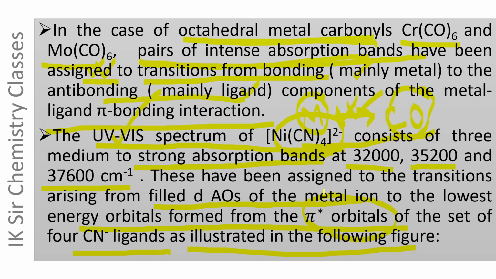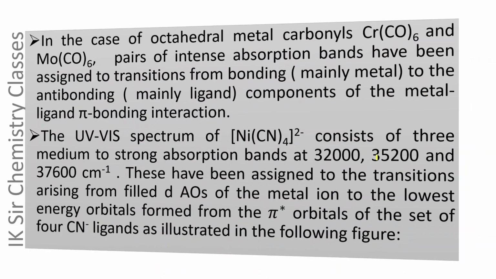These pi star orbitals of 4 CN- ions take part in linear combination producing pi star orbitals of the ligands, and the electrons of Ni2+ ion undergo transition from d atomic orbitals to these vacant pi star orbitals of CN- ions. Thus, this type of electronic transition is called metal to ligand charge transfer, and it has been illustrated in the following figure.